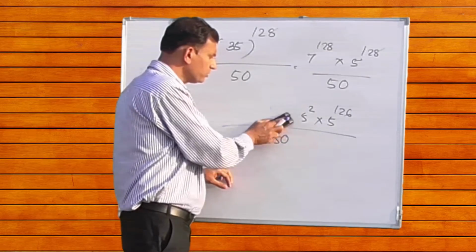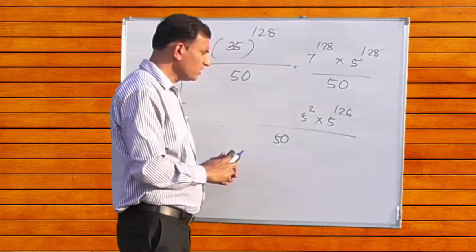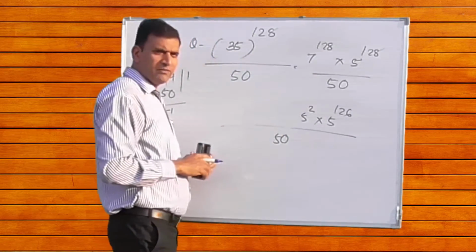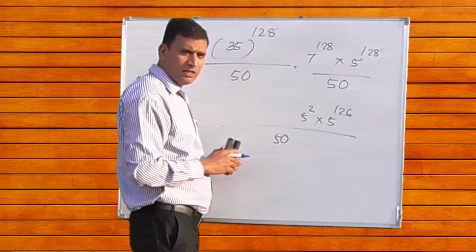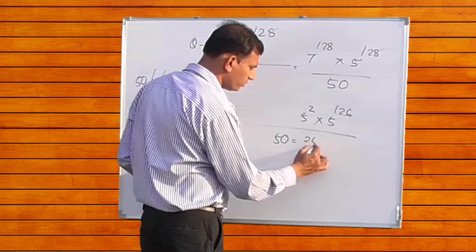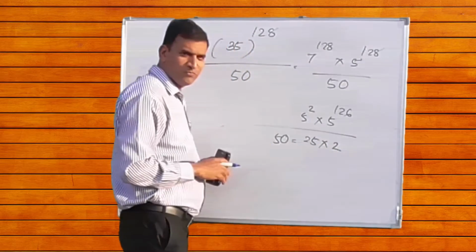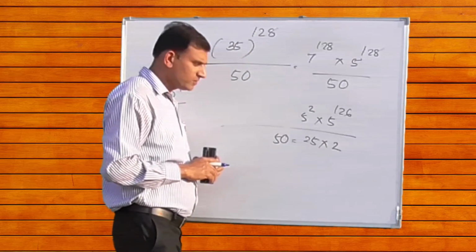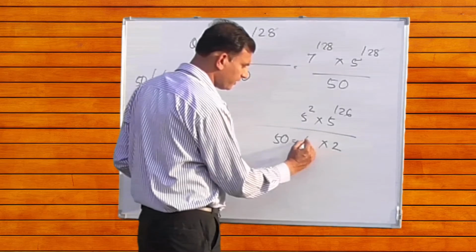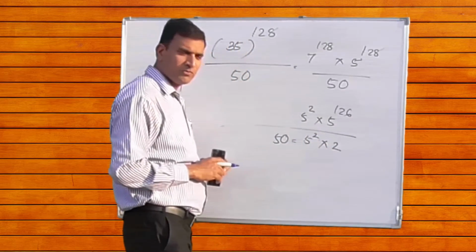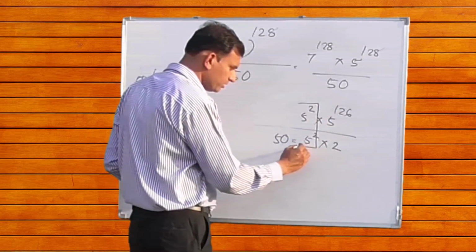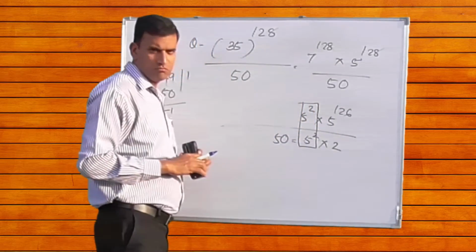So how will I deal with this? 5 squared is 25. This 50 can be expressed as 25 into 2, and 25 can be written as 5 squared. So this whole part we take as common.